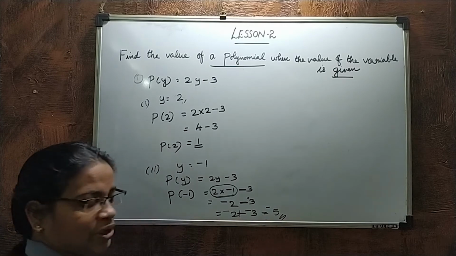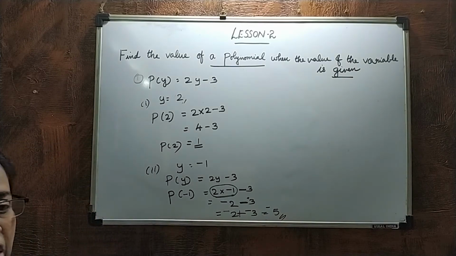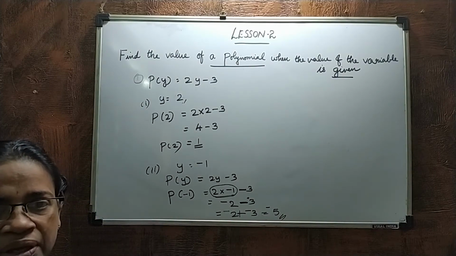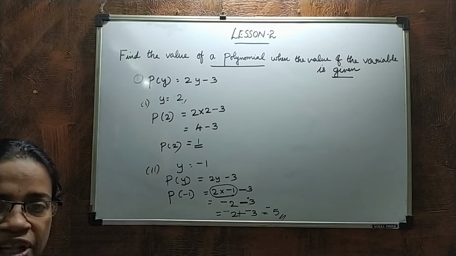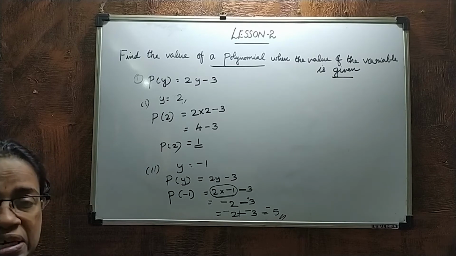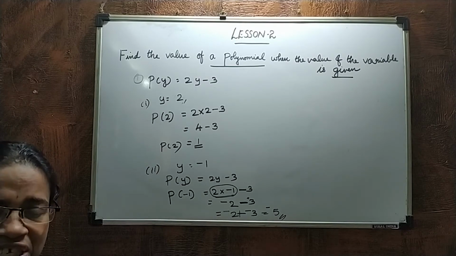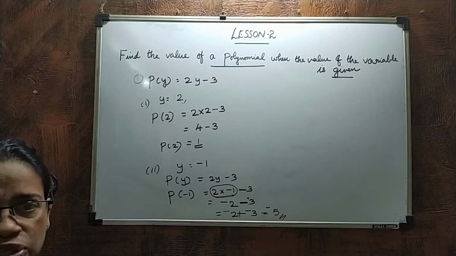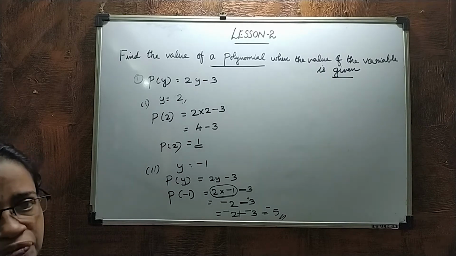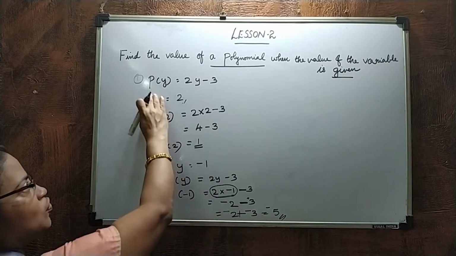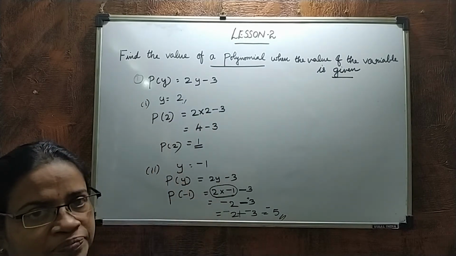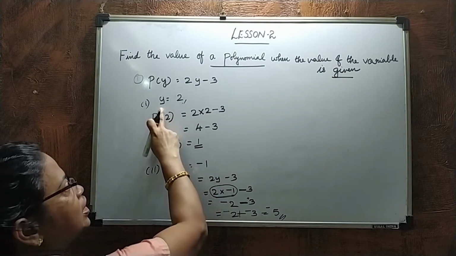So, once again I will repeat. They will give you one variable, and that variable will be in the polynomial, and the number you have to substitute for the variable also they will give you. Here P of y is the polynomial and y is equal to 2.